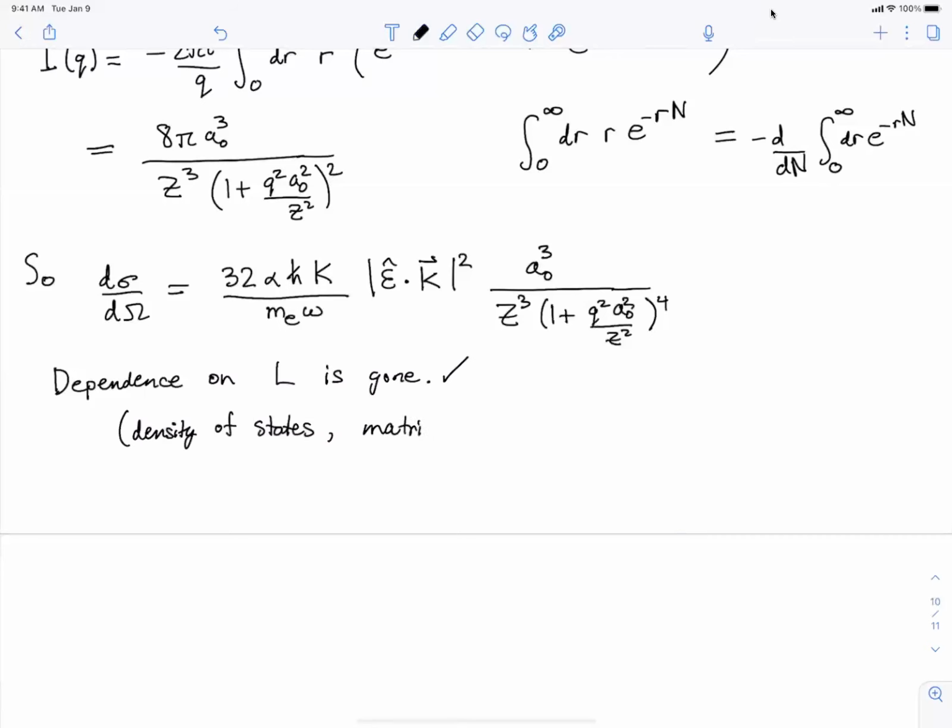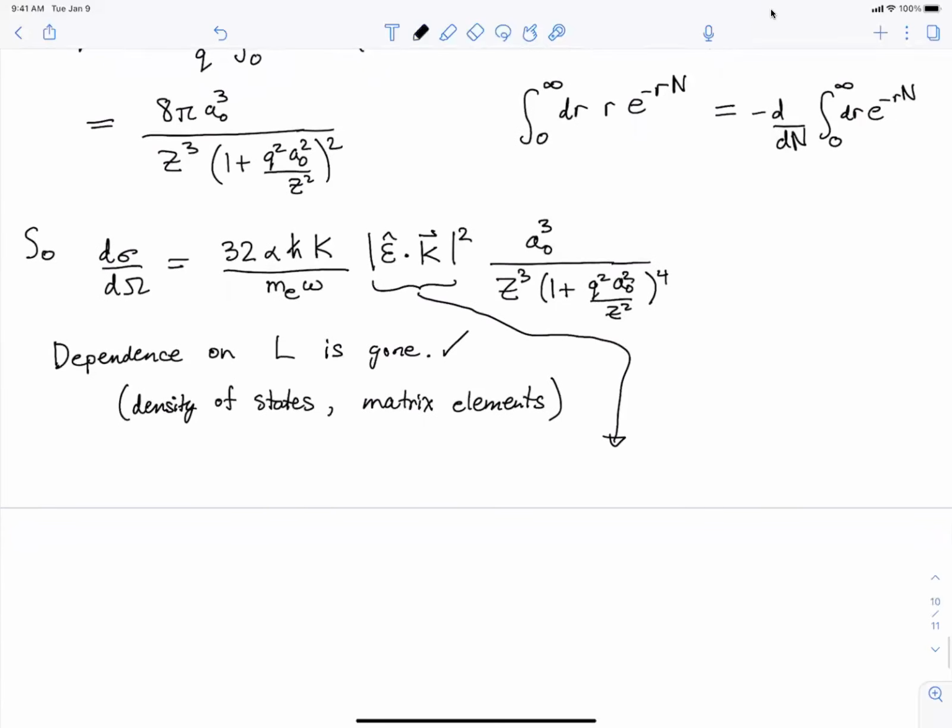They each depended on L separately, but when we multiply them together, that's when they cancel. Okay, and then another thing that we can notice comes from this factor. What is that factor trying to tell us? It's trying to tell us that this cross-section is largest when capital K and the polarization are parallel.